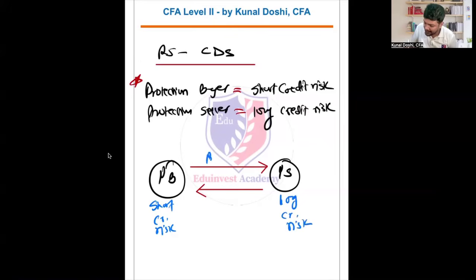The protection buyer is going to pay a regular premium, which can be fixed or anything. And whatever is the default on the bond will be paid by the protection seller to the protection buyer. Now, if the bond defaults, the protection seller will pay to the protection buyer the market value of the cheapest to deliver.